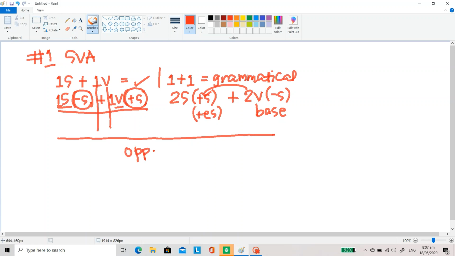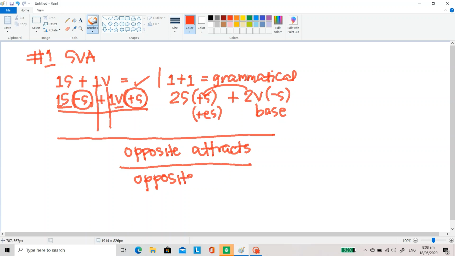Opposite attracts. Opposites attract. If you notice, the subject opposite doesn't have an S to it. It means it is singular. And the verb has the S to it.